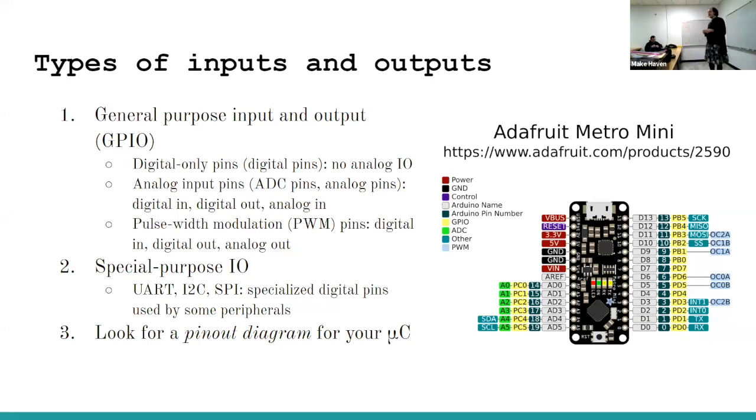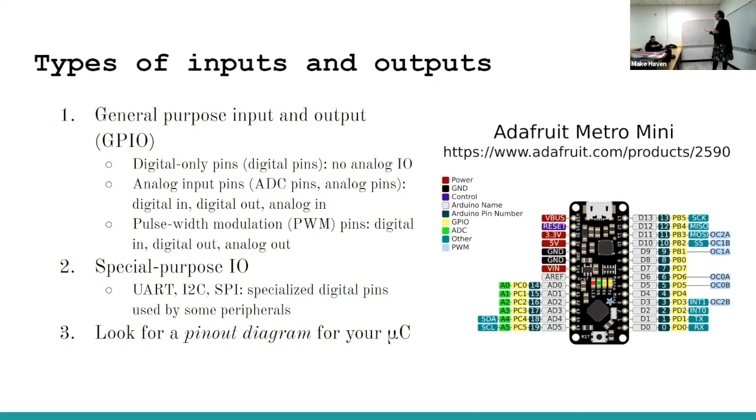Then you have things that are called analog pins, which really means analog input pins. On an analog input pin, you can connect something that is analog in the real world, and that pin will read back to you not just a 0 or 1, but a number, broken down into a range like 0 to 1,000, or 0 to 4,000.